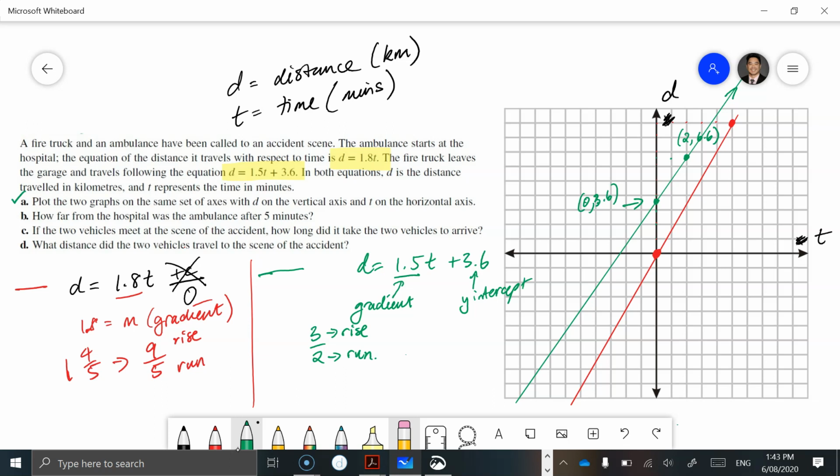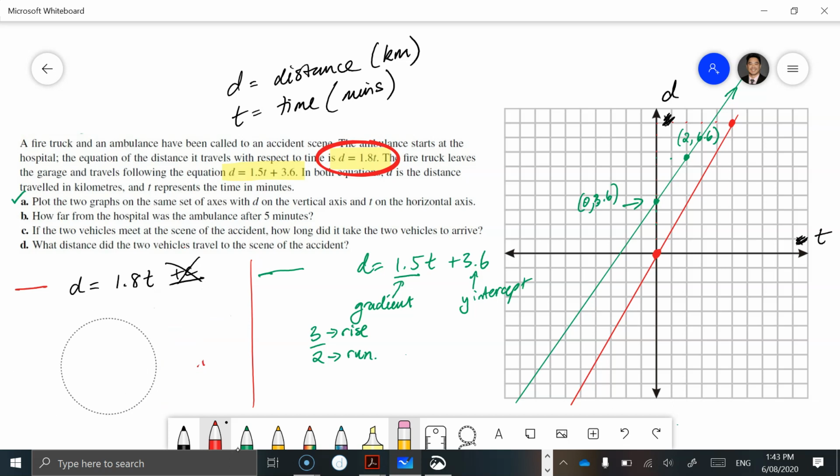How far from the hospital was the ambulance after 5 minutes? Okay, so the ambulance equation is this one here. We've got D is equal to 1.8T. And the first question asks, when T is equal to 5, what is the distance?